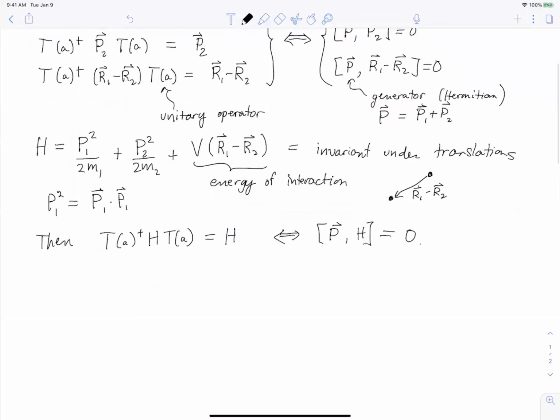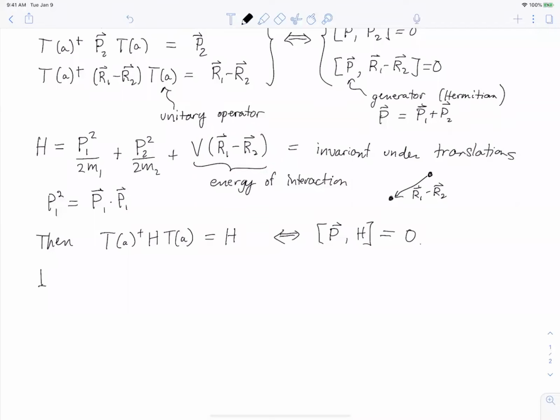So we've managed to construct a Hamiltonian that's invariant under translations, and this is very non-trivial because for a single particle, that would be very hard to do, except there's one case where you can do it, and that's if it's a free particle. But having a single particle that's invariant under translations with a non-zero potential is essentially impossible. But once you have more than one particle, by having the interactions between them be of this form, then you can have a Hamiltonian invariant under translations.